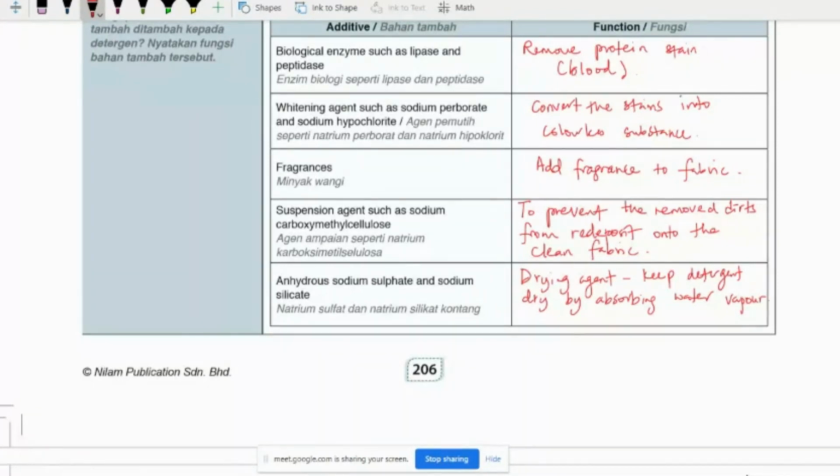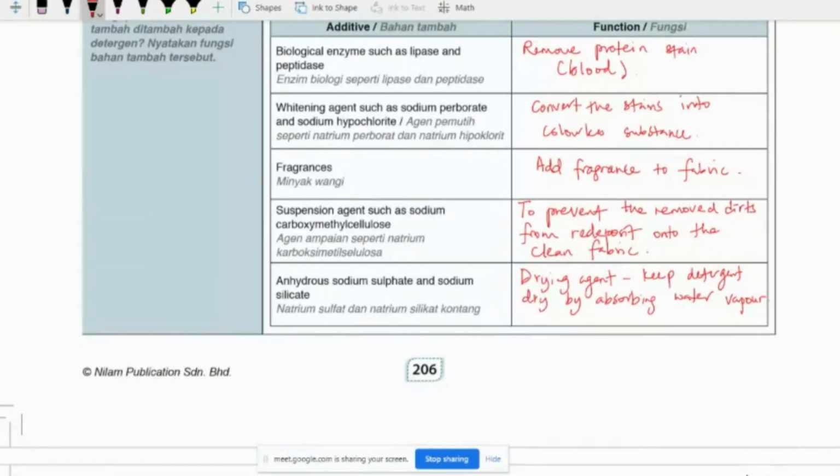For this one, it is focused on detergent in powder form. If liquid form, no need to put in anhydrous sodium sulfate or sodium silicate, because the liquid form already has water inside.